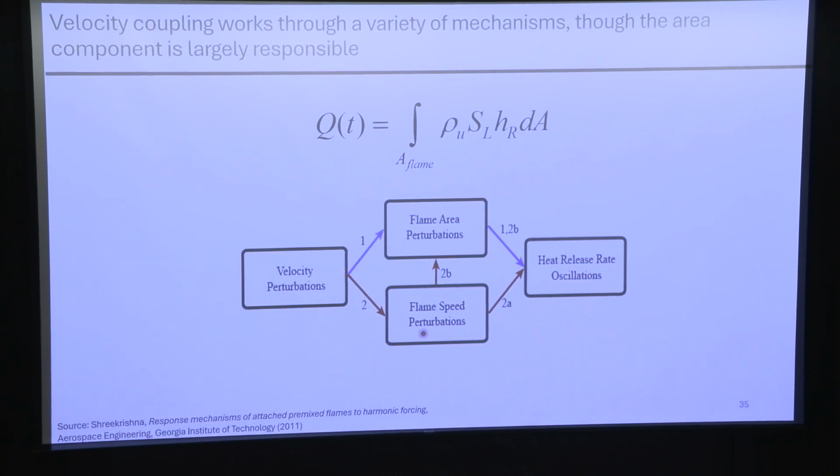The other thing you can do is you can change the flame speed. So this is basically for a premix flame, the statement of heat release at a given time. It's an integral over the area of the flame of the density times the flame speed times the heat of reaction. Right? And so with a velocity fluctuation in a perfectly premixed system, you're not changing the density or the heat of reaction, but you could be changing the flame speed through stretch effects. And he did some really nice work.